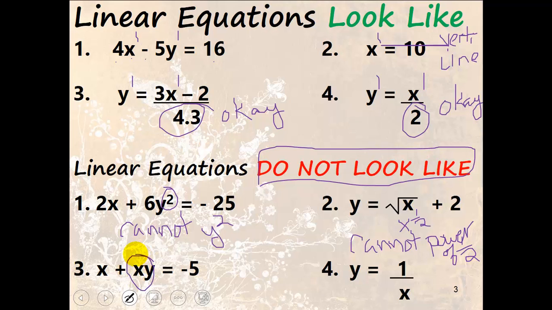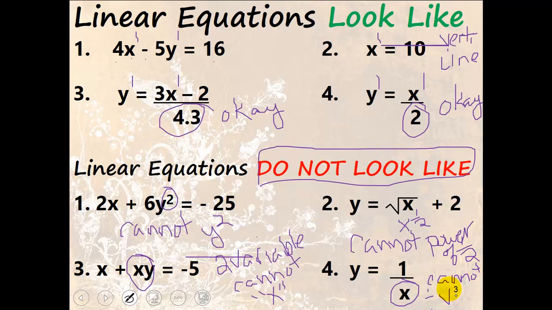Number 3, I cannot have two variables multiplied together because that gives that term a power of 2. Number 4, I cannot have a variable in the denominator. I cannot divide by a variable. Okay? I can divide by a constant, but not a variable.